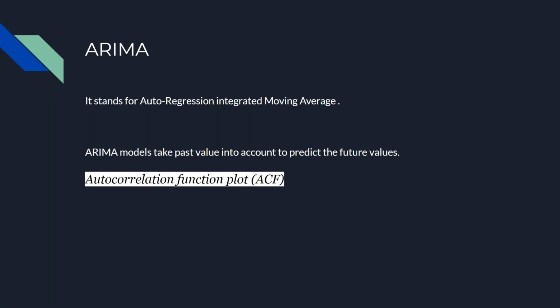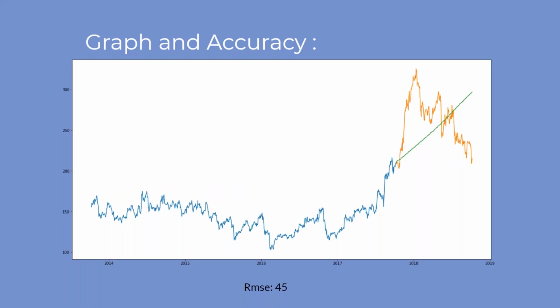To do so, it uses the autocorrelation function, which is ACF, and this ACF takes a non-stationary graph as an input and gives a stationary graph as output. Now, let's have a look at what accuracy we are getting using this model. Using this model, we can see that it's far better than the previous two models. The predicted price is now showing some trend.